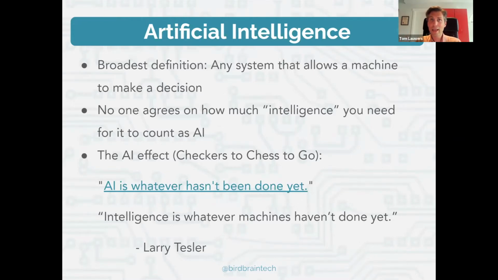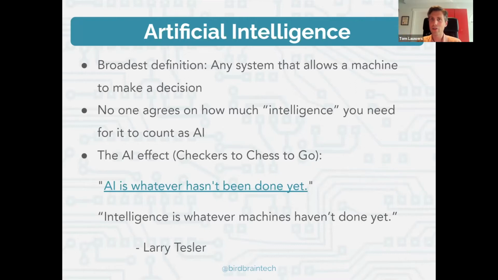The answer is it depends on how far back in time you go. That's the problem with artificial intelligence, is that we keep redefining it based on our notion of human intelligence. One quote that I like is, intelligence is whatever machines haven't done yet. Basically, human beings want to define as intelligent whatever human beings can do exclusively. That's why the benchmark of what counts as artificial intelligence keeps changing.